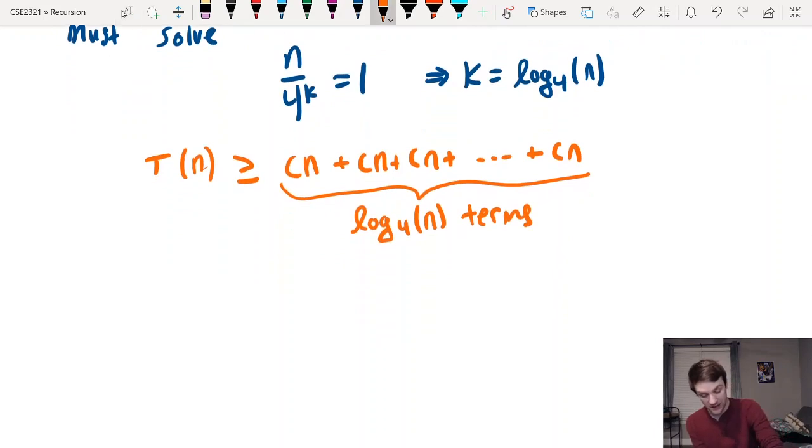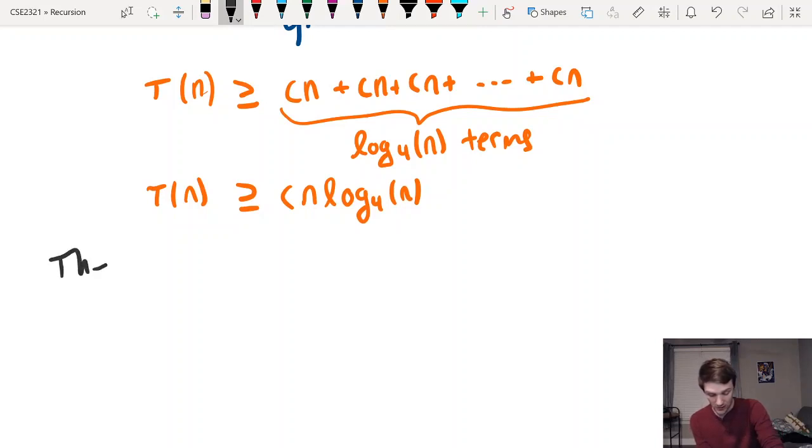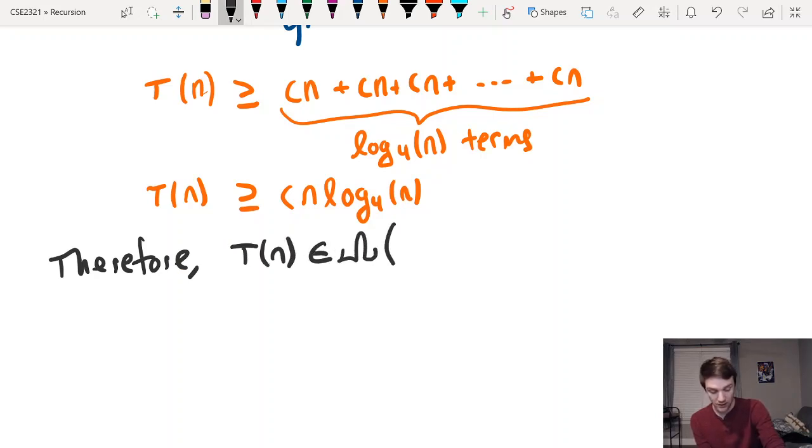So T of n is greater than or equal to cn times log base 4 of n. That lets us claim that it is in big omega of n log n. So let's draw that conclusion. Therefore, T of n is in big omega of n log n.